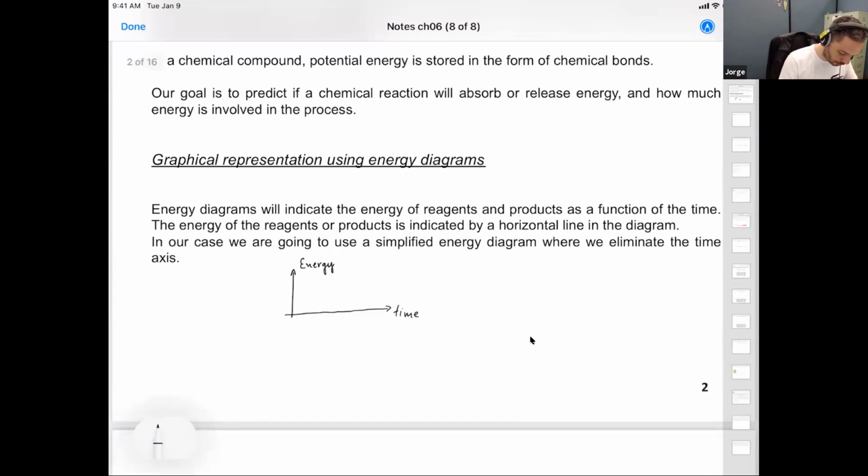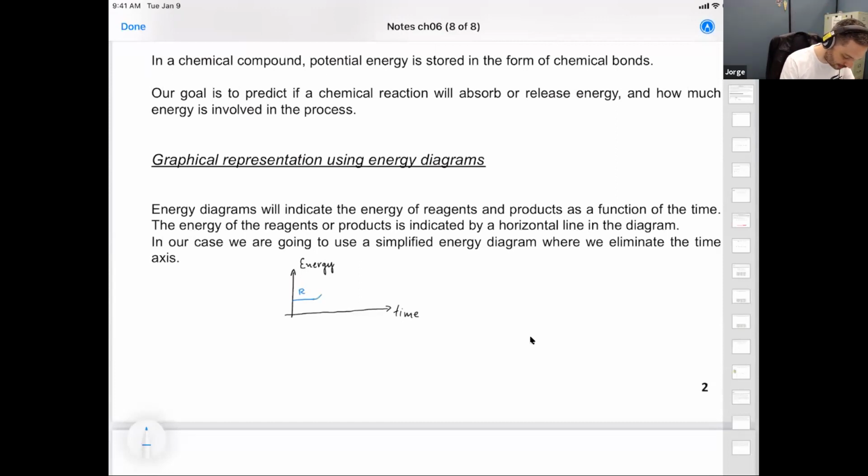So for example, let's imagine here a first case that we have the energy of the reagents right here, and that's our start for the reaction. Any reaction, you need to provide a little bit of energy to start the reaction.